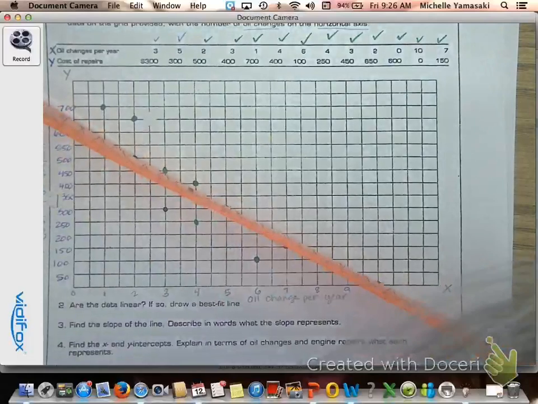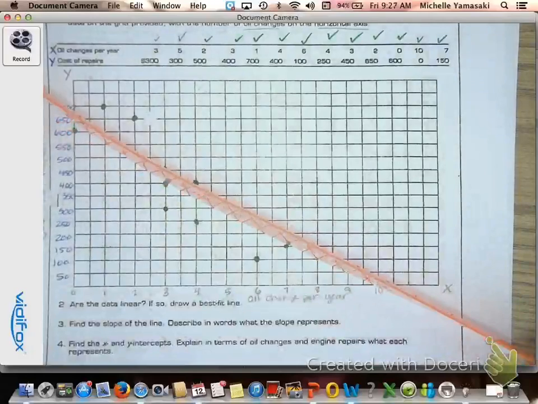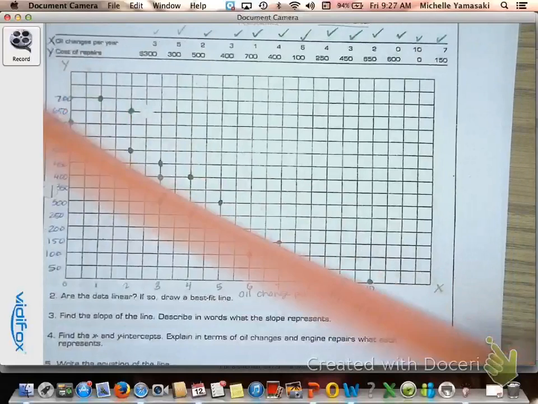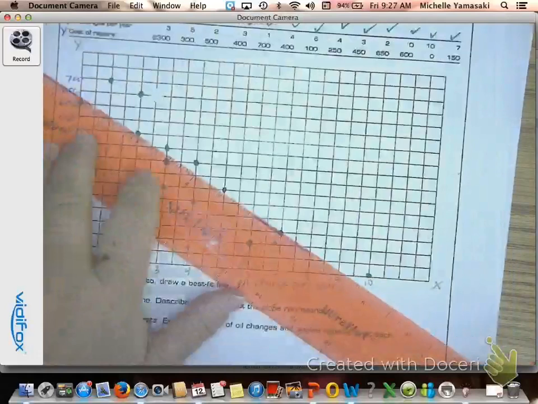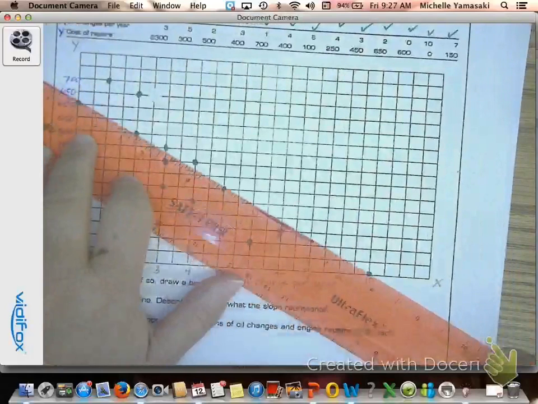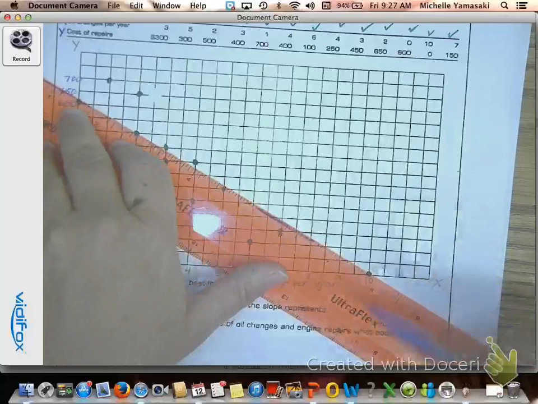I think I'm going to place it right here. Now, I'm taking a chance. Okay? And I'm going to draw my line of best fit because that looks like it has equal amounts above and below. And I'm drawing my line.